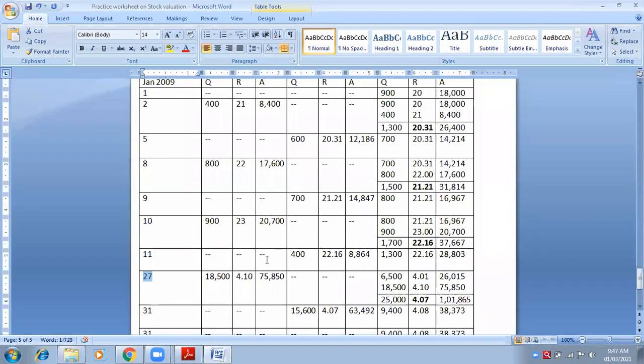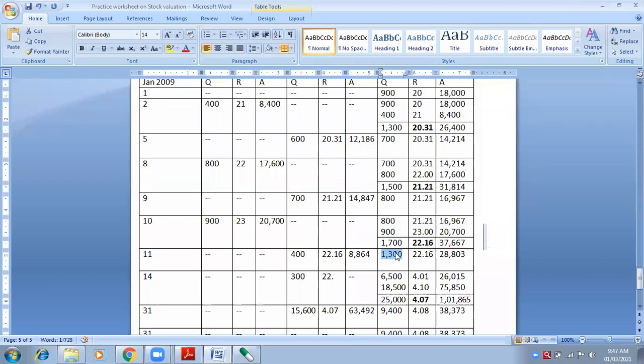Next we have the last date, 14th, issued 300 units. What should be the rate of 300 units? 22.16. Now there are two issues, no? You will ask which rate we should take.